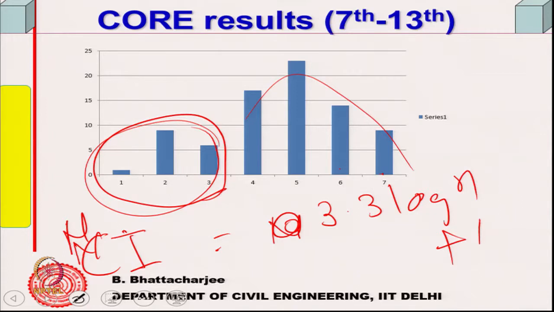So 1 2 here 7 number of class intervals, because 324, whatever the value was 454, log of 454 will be something like 2.6 or 2.7 or something.